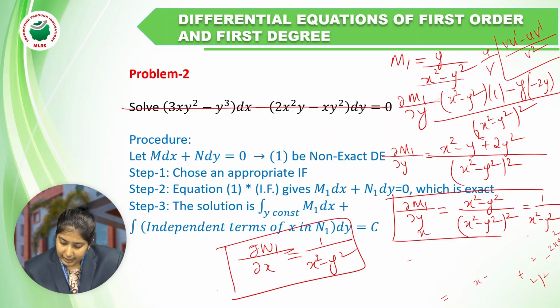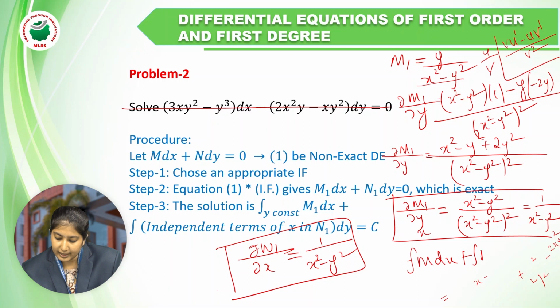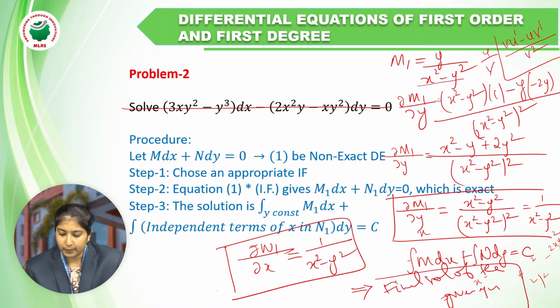After checking the exactness condition, you have to find the solution: integral M dx plus integral N dy is equal to c, which will give the final solution of the given equation. We will try to find dou M1 by dou y again in the next class.